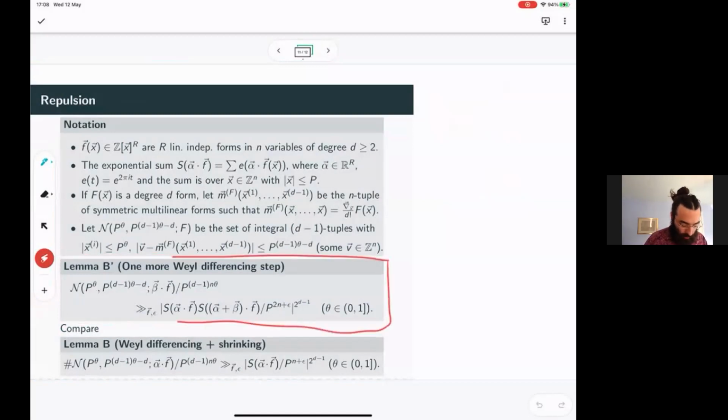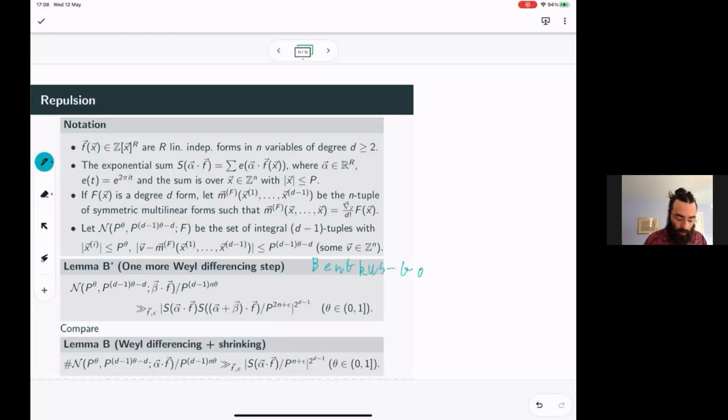And that comes from this argument, which is essentially from Bankers and Goetze. The proof of this is actually a very small modification of the Weil differencing argument from Birch, but the work of Bankers and Goetze seems to be the first place that this trick actually gets used.